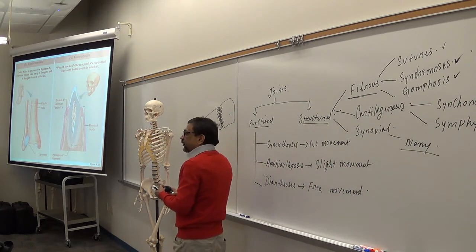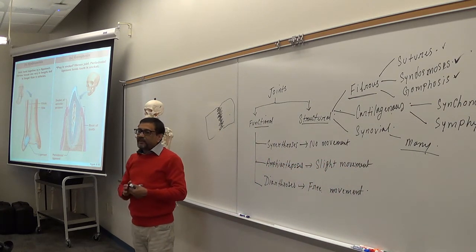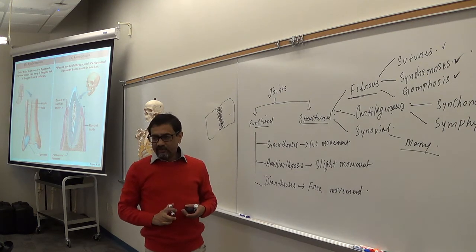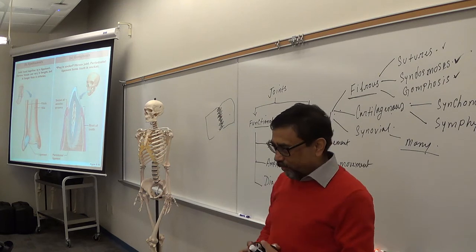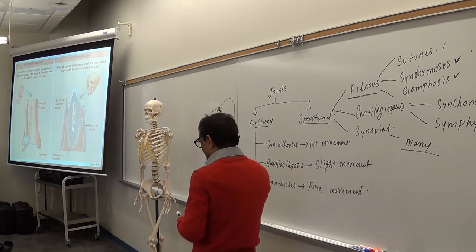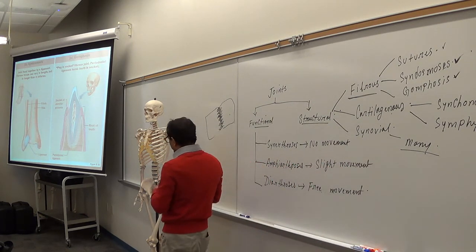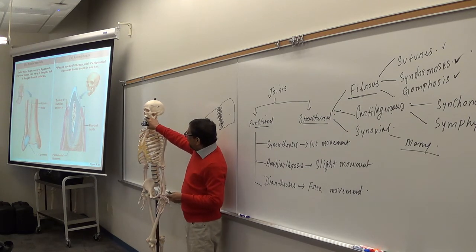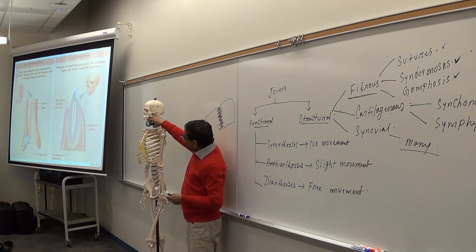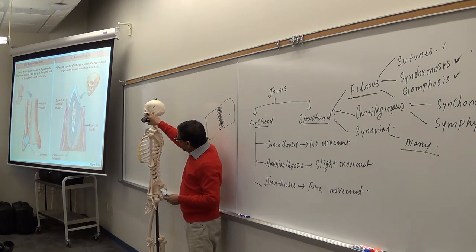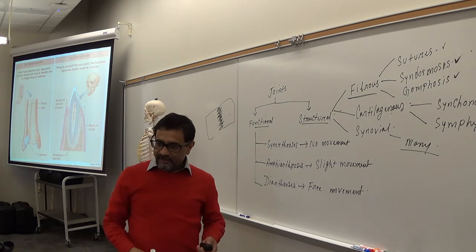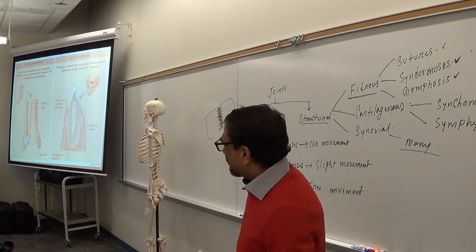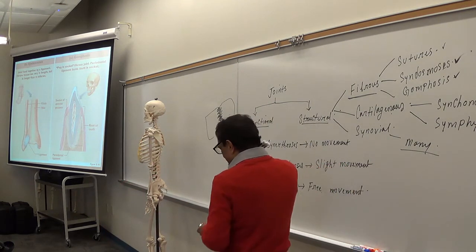Then gomphosis, where the teeth articulate with the jaw bones, the sockets of mandible and maxilla. You know those are the jaw bones, right? Mandible and maxilla, and teeth are attached to those bones. You see here the teeth. So the joint between the teeth and the bony sockets in mandible and maxilla, that is gomphosis.